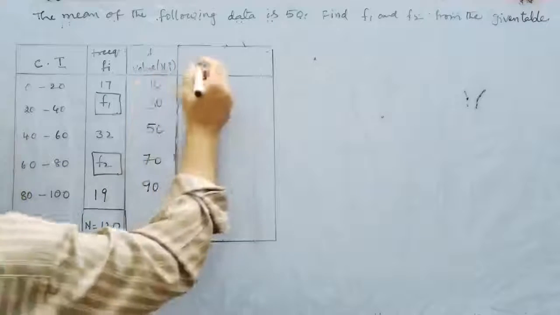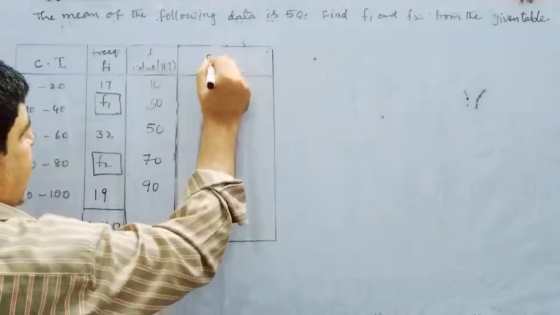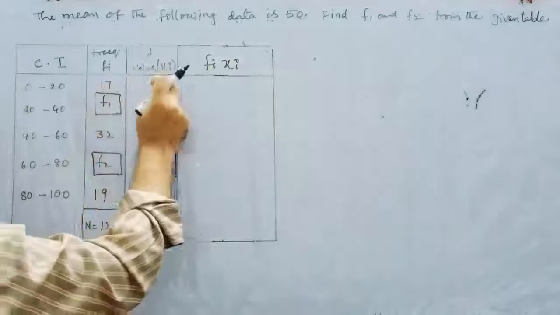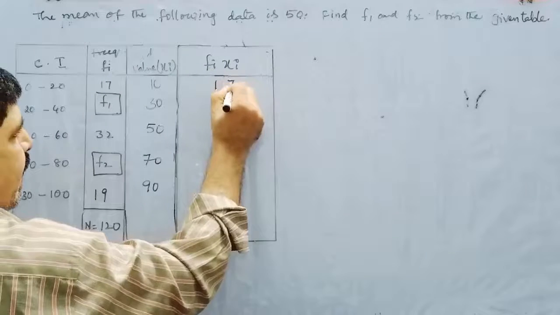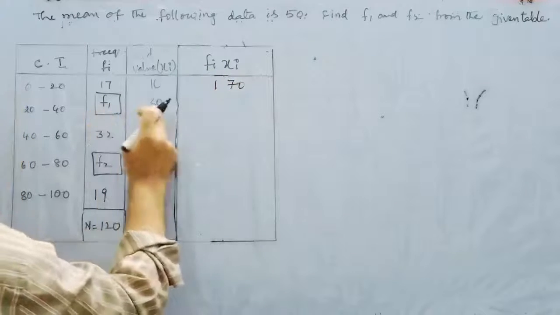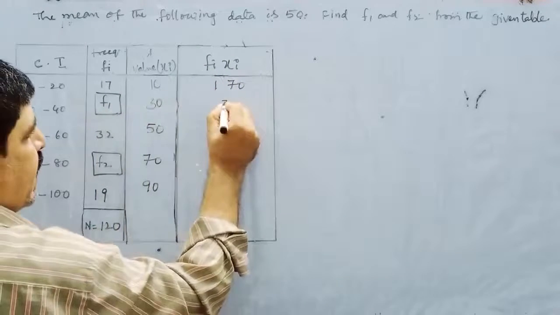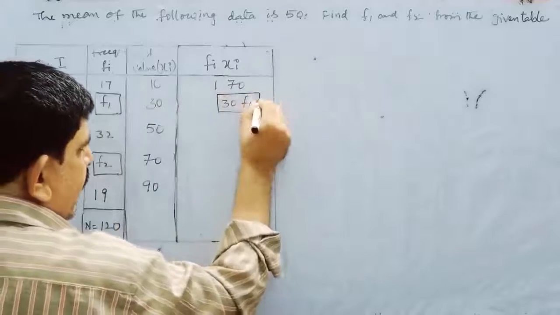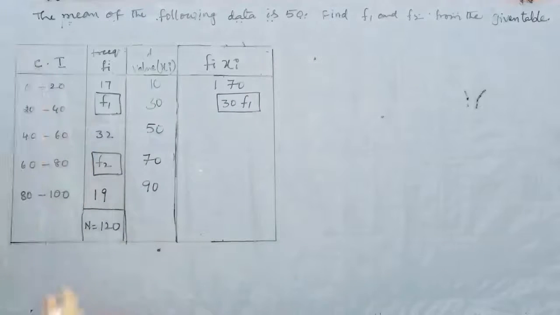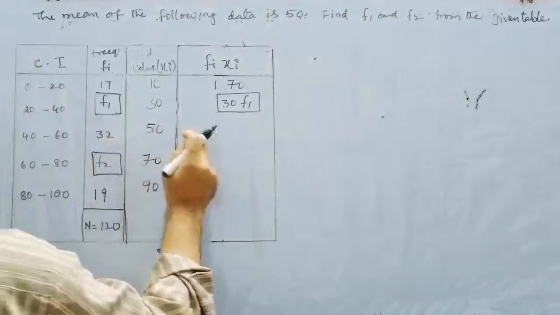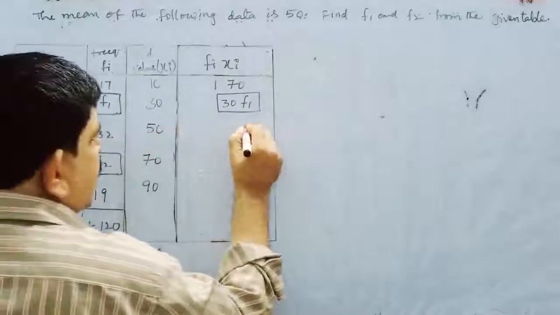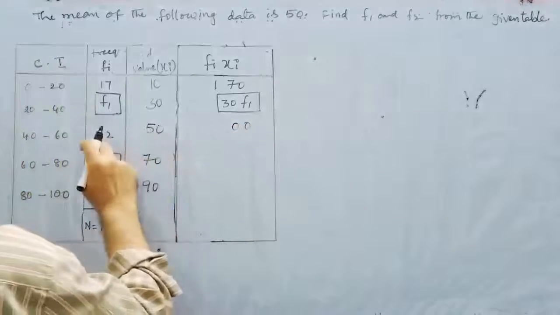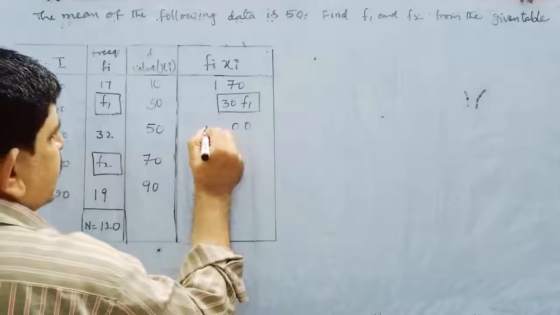Next, Fi xi. You find Fi xi. 17 into 10, 170. F1 into 30, 30 f1. Next, 32 into 50, that is 1600.